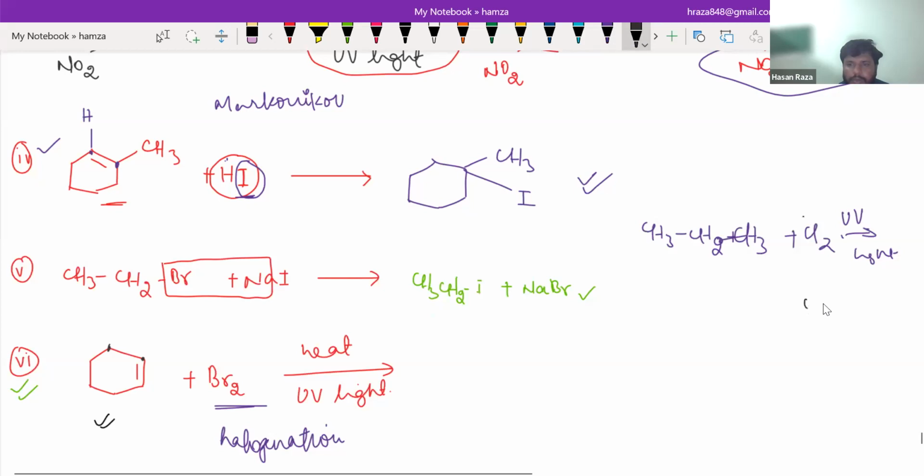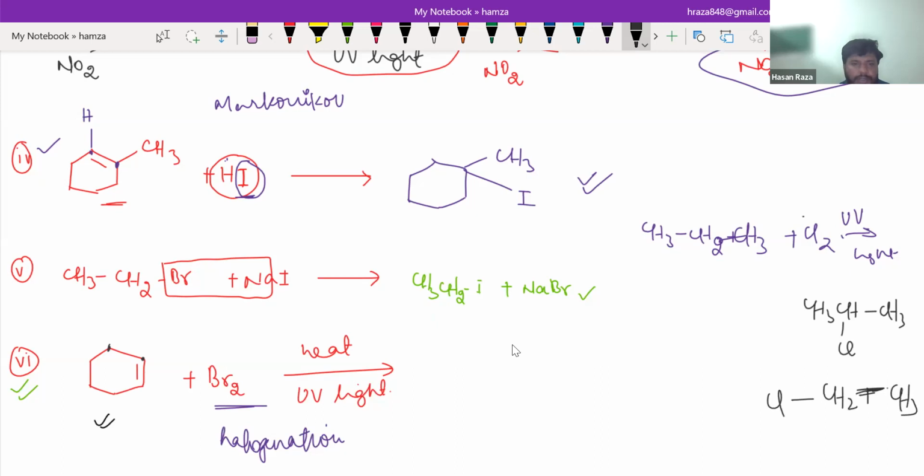Chlorine will go to this carbon, the middle one, or this one. In the same way, this bromine will not break the double bond. The double bond will stay like this, and bromine can go here. So this is the product. 1, 2, 3, so that means 3 bromo cyclohexene.